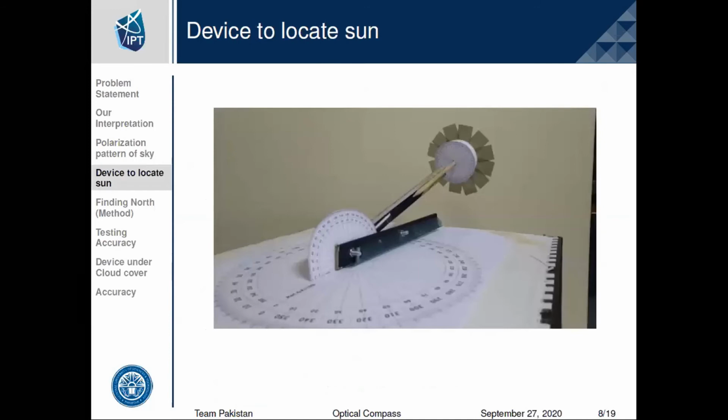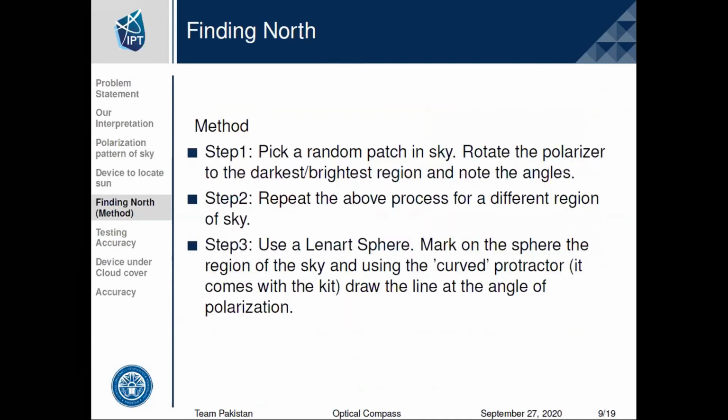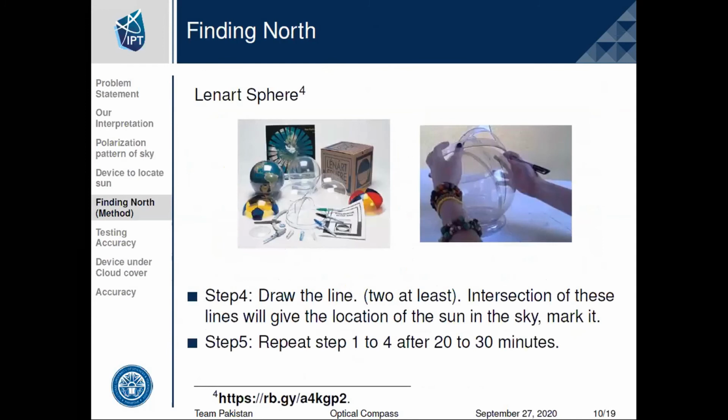Basically, it acts like a dome inside which you are, and it depicts the sky. So you mark a point, then you use the protractor and mark the angle of incidence that you found. You draw that line on it, and then you make another line, and the intersection is the point.